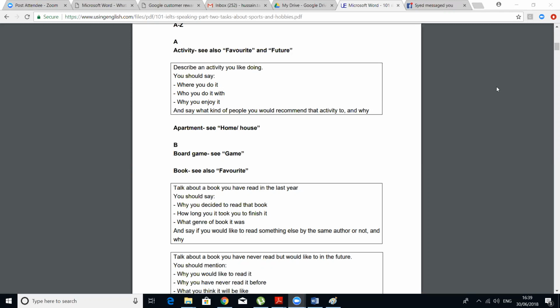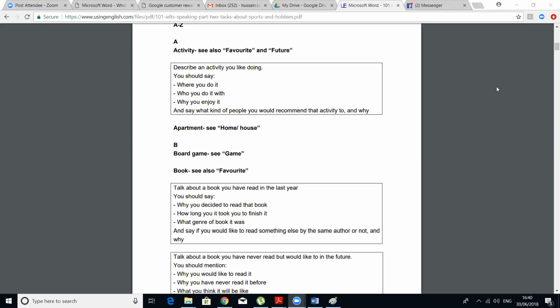If you look at the second one, it says talk about a book that you have read in the last year. So the topic is actually in the past. If you look at the differences between the first cue card and the second one, the first card gives you a topic where you're restricted to using the present tense more often. Yes or no?